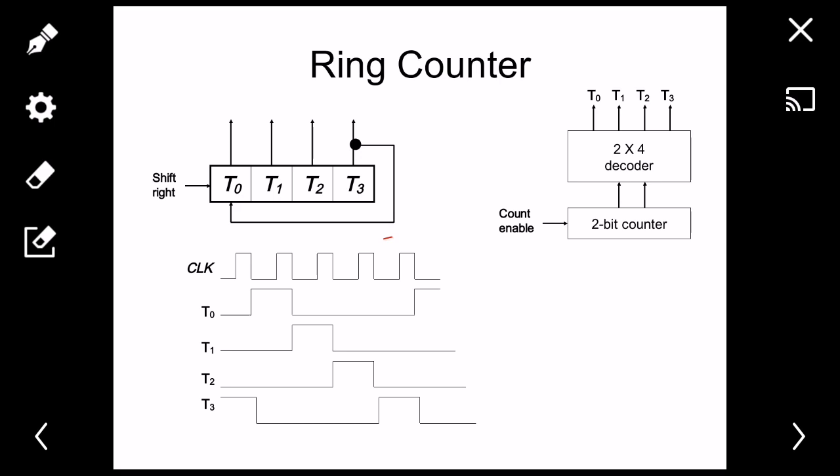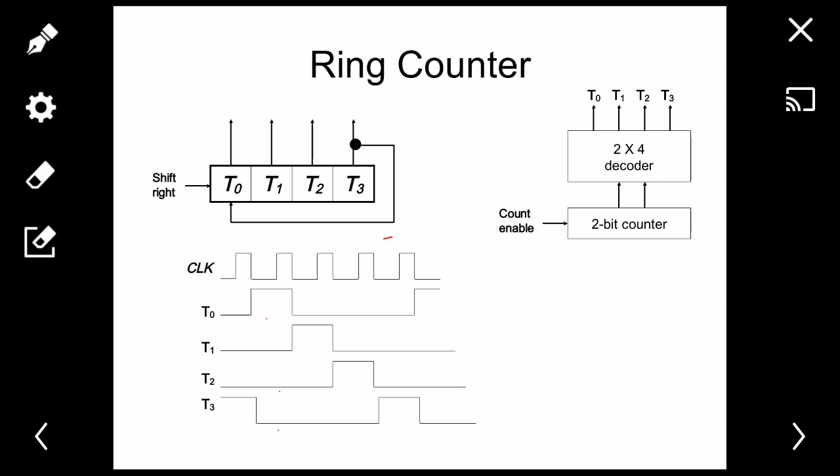But the one major and important thing about ring counter is that at any given time, only one of the values of all the outputs will be 1.